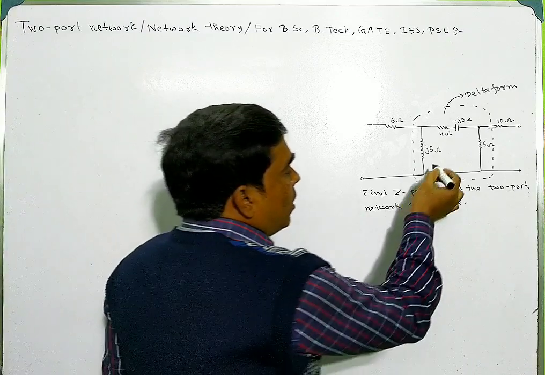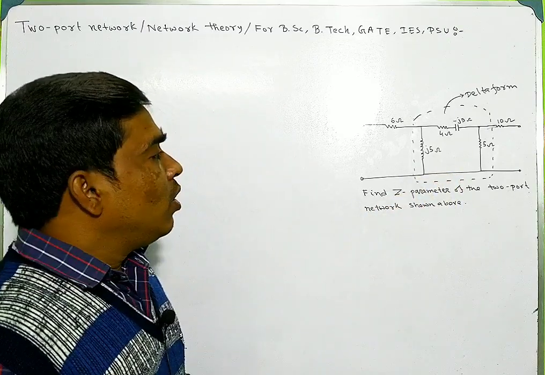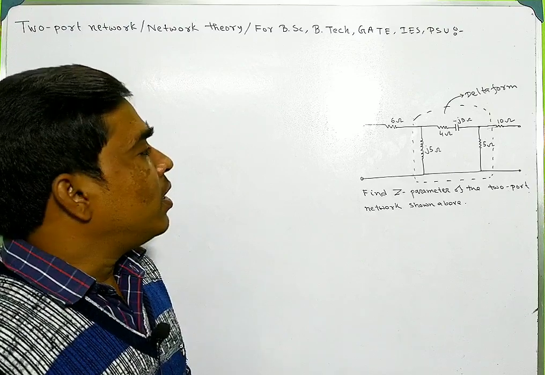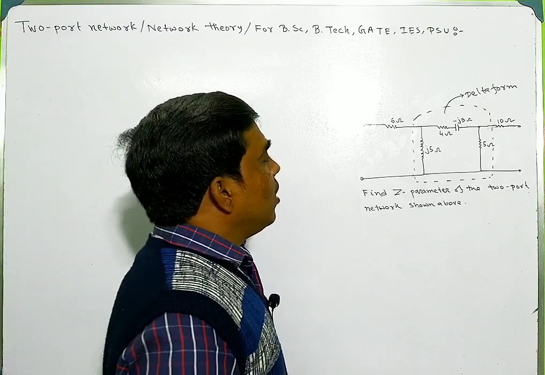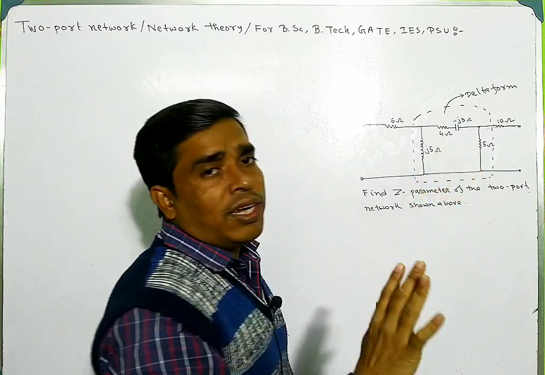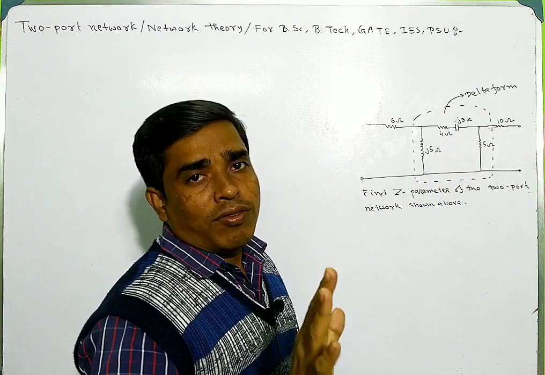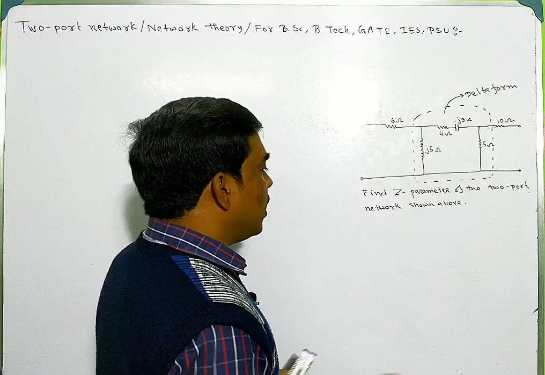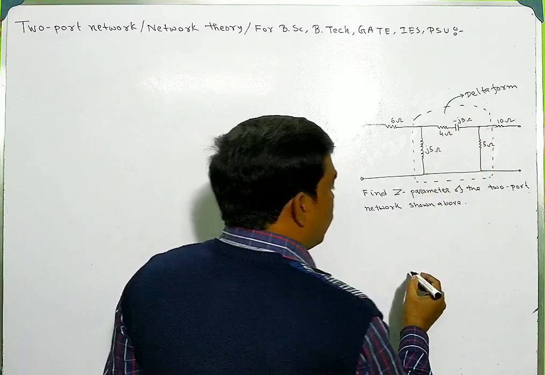So it will be easy to calculate the Z parameter if you transform this delta form into a star or T form. Okay, so you can transform it into a T form.